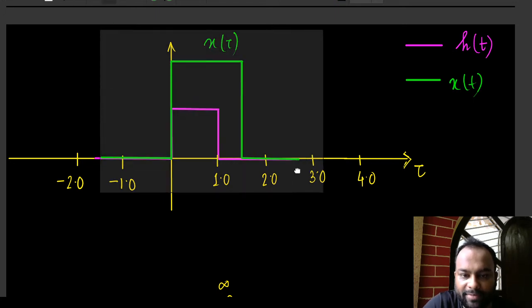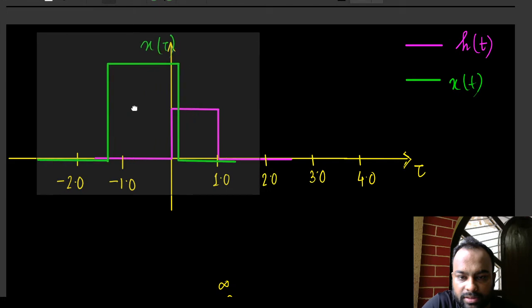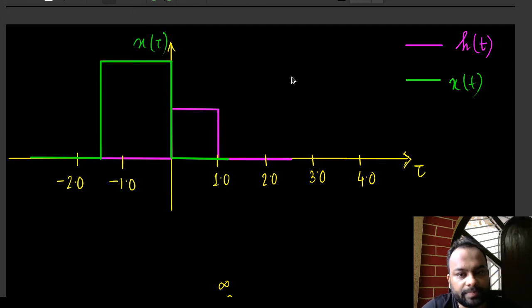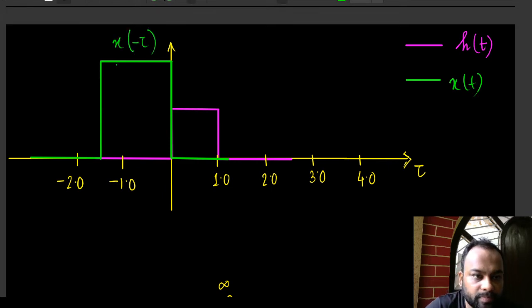If I do a time flipping on this, this is what I'm going to see. Instead of being x of tau, this is now x of minus tau. I just flipped with respect to the vertical axis.